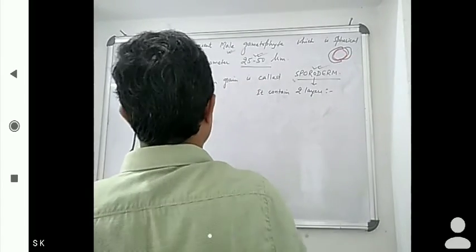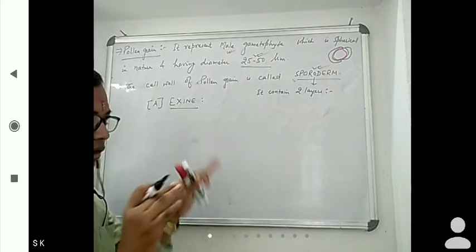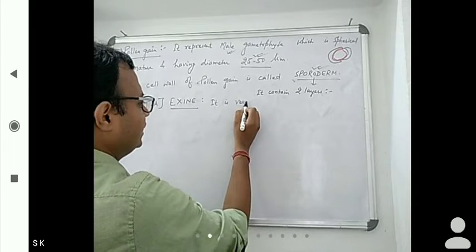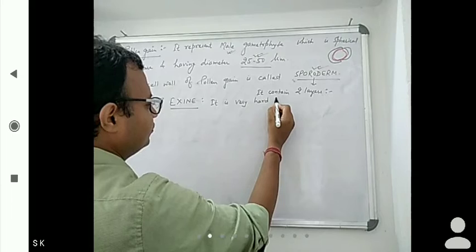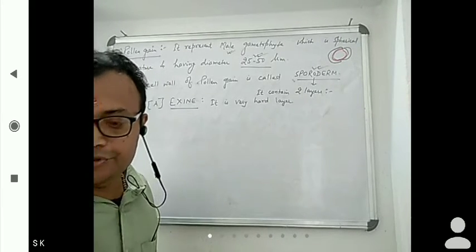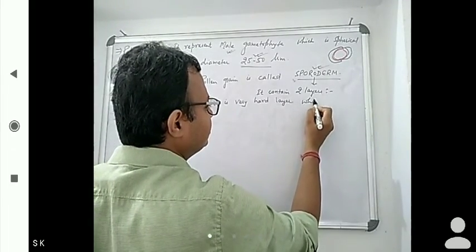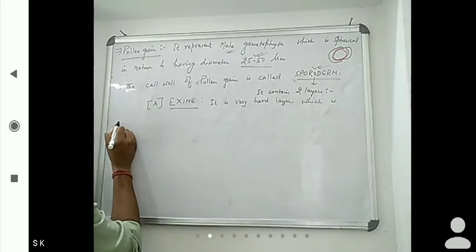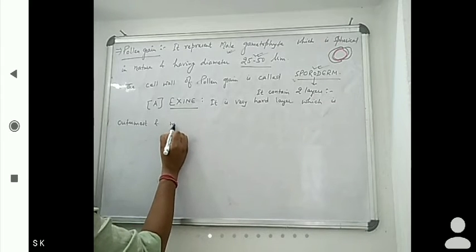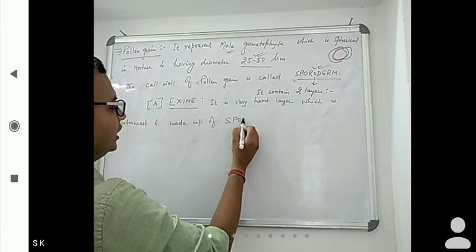Okay, so for outer side is exine and inner side is intine. Now this exine, it is very hard layer. Why it becomes hard? Because it is made up of sporopollen. So it is very hard layer which is outermost and made up of sporopollenin.